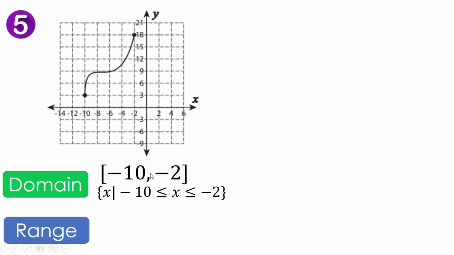So, from -10 to -2. Ibig sabihin, ang solution lang nung graph na yan is from -10 to -2. Again, ulitin ko, kapag naka-shaded yung circle or yung endpoint nung graph, ibig sabihin yan kasama sa solution nyo.